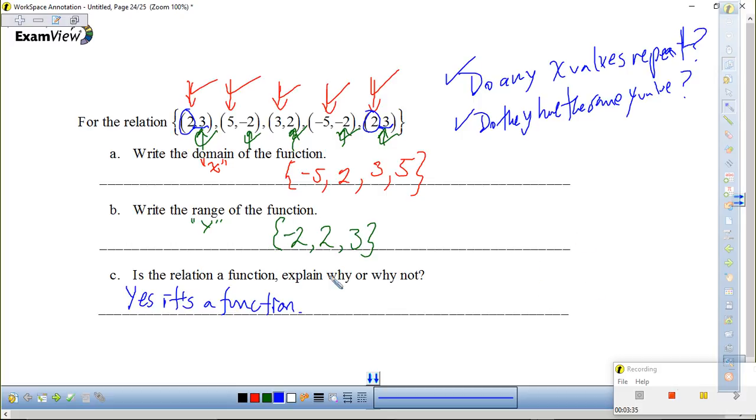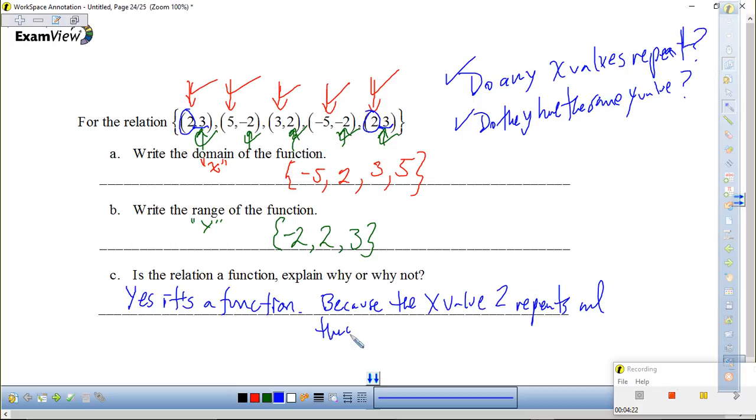Trent, go. Because the X value 2 repeats, and what else?